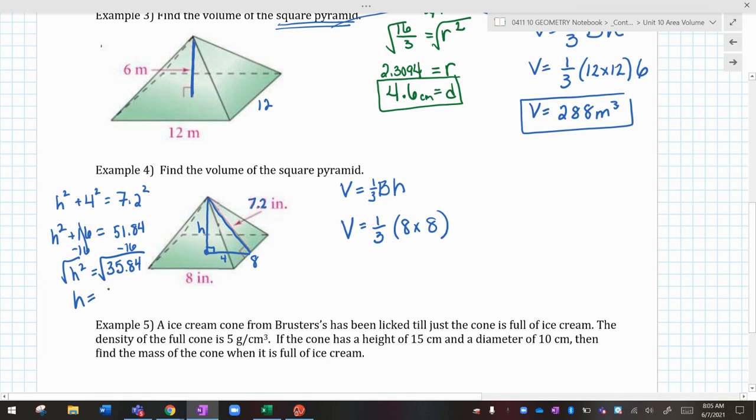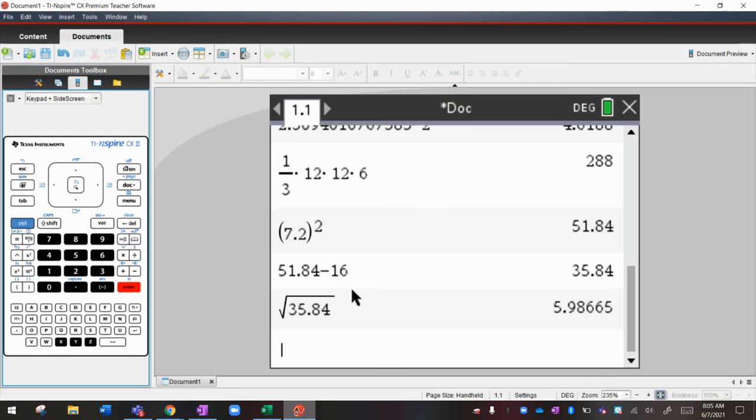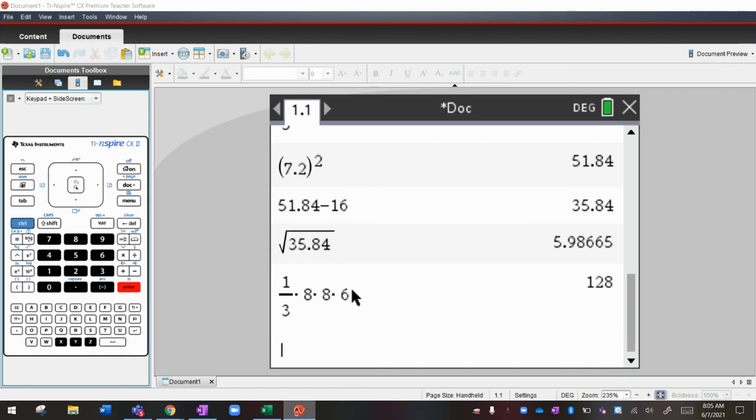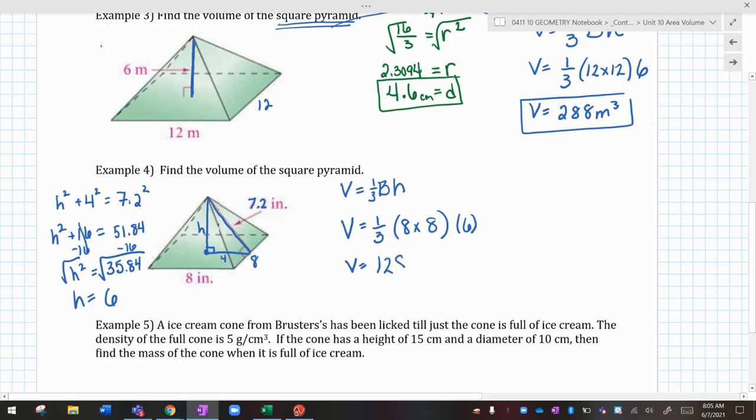All right, so if our height is 6, I'm just going to stick it right there, and then calculate the volume. So 1/3, 8 times 8 times 6, 128. And this is in inches.